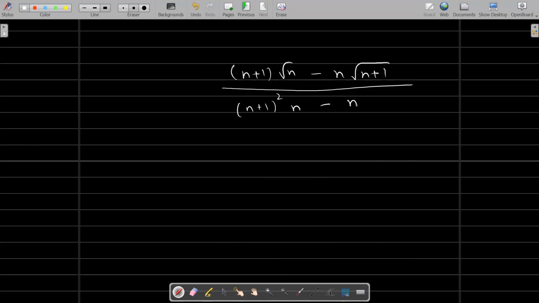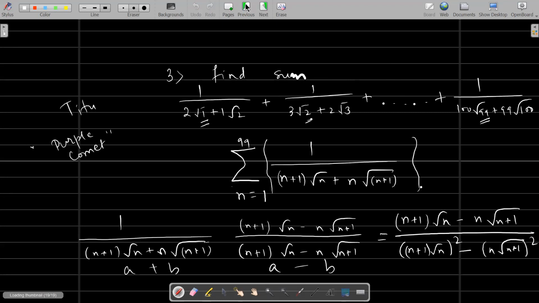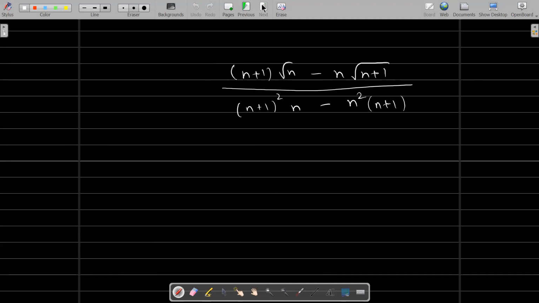Check whether I'm correct. Have I written correctly? Yes, sir. Now I can take something common in the denominator.